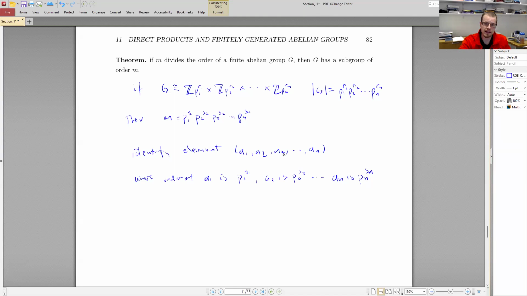how did we say that earlier? It's the least common multiple of the orders of the individual pieces. So if we have this, then that's going to give us this.